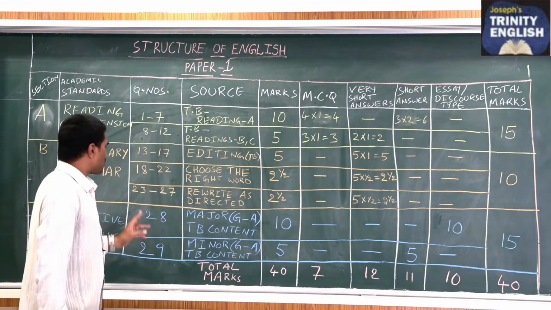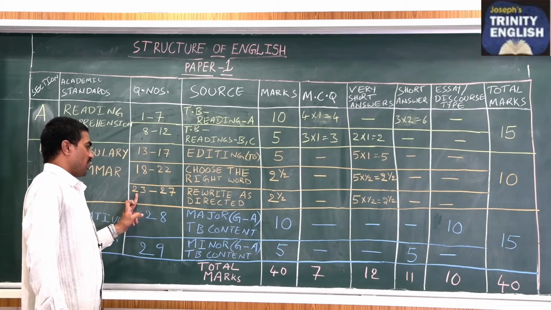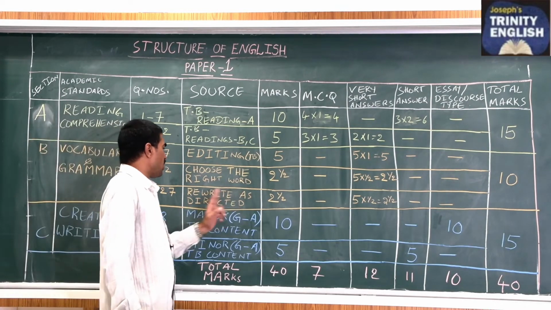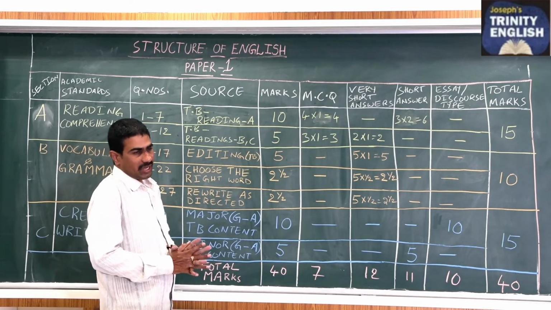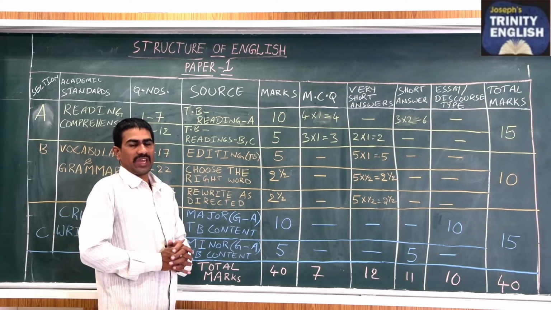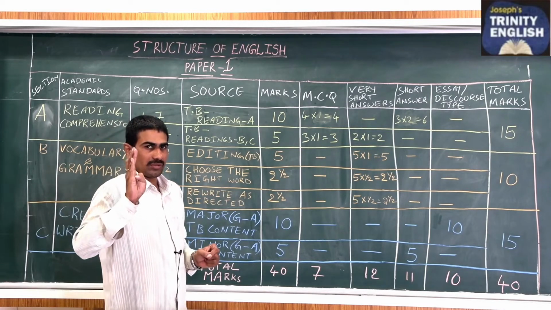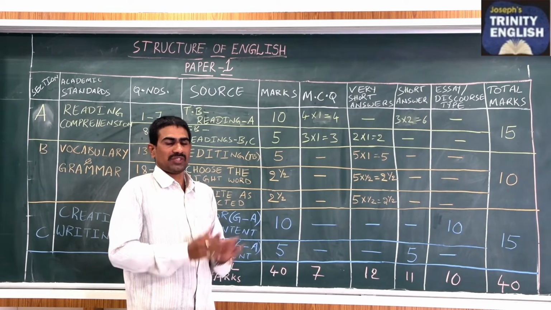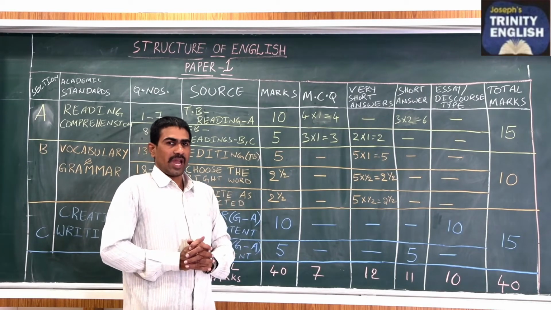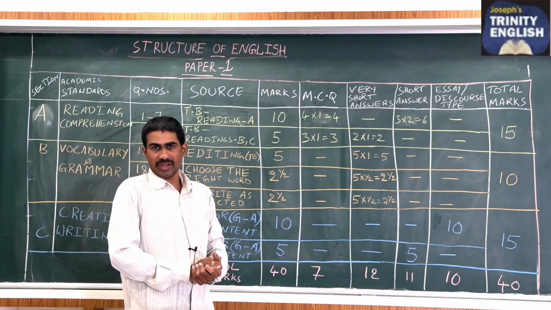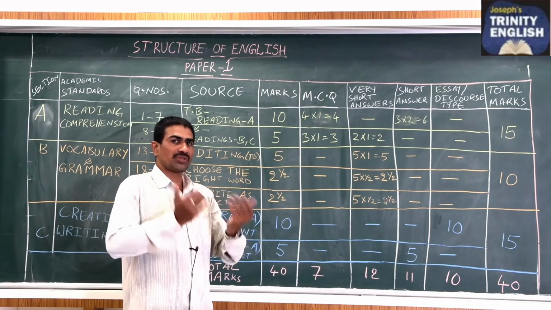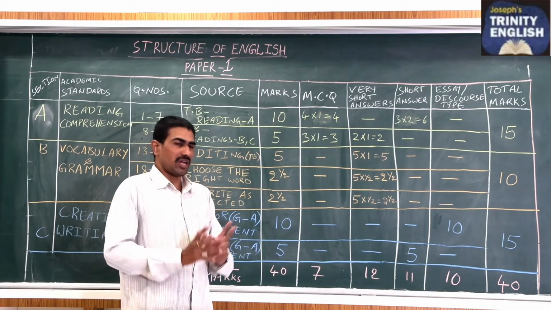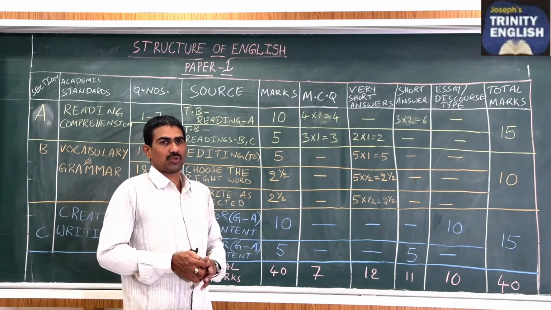And next we have question numbers 23 to 27, 5 questions again. This one we have to rewrite as directed. In rewrite as directed, we have synonyms, which means the same meaning, and antonyms, which are opposite in meaning, and we have the meaning to be written, or we also have the correct form of the words to be written, and there are many other things we have to write.